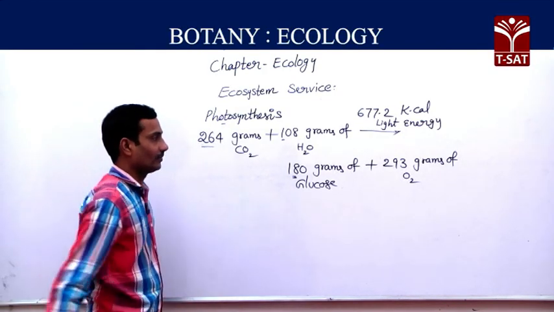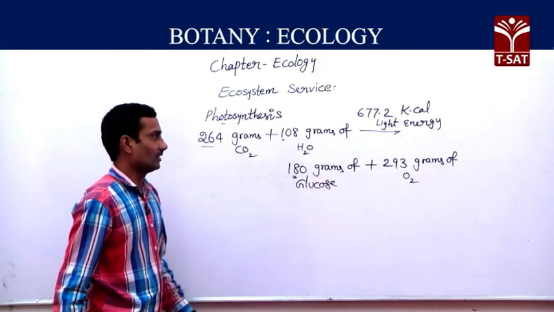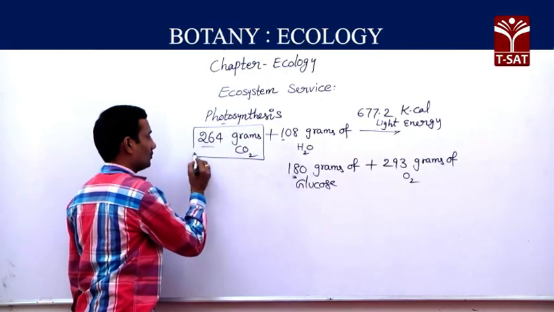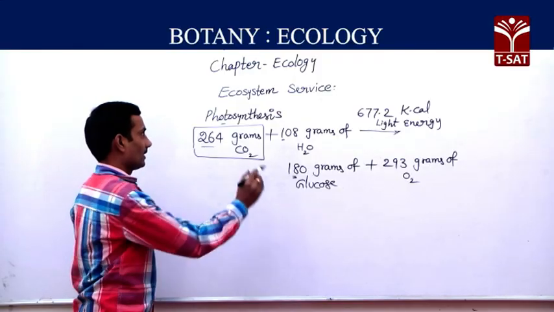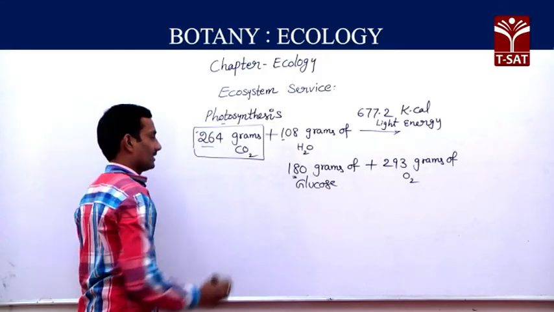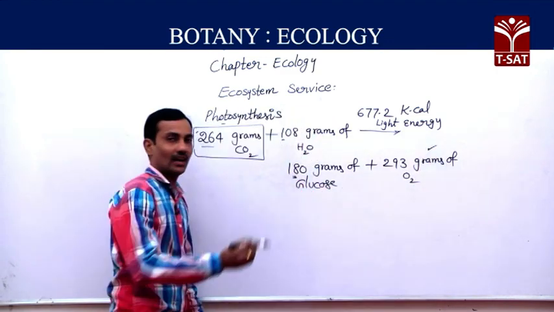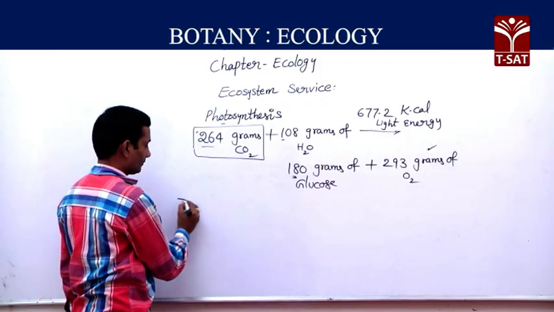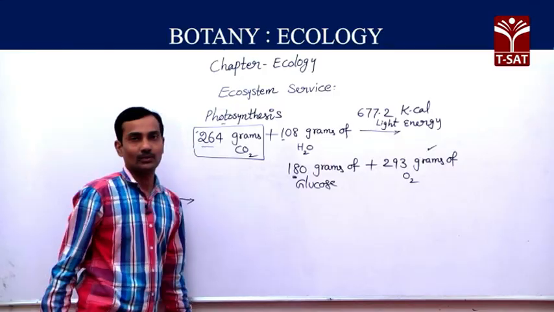In the same manner, 293 grams of oxygen is liberated in this process. Plants consume carbon dioxide and liberate oxygen. So the end product of this reaction is 180 grams of glucose.